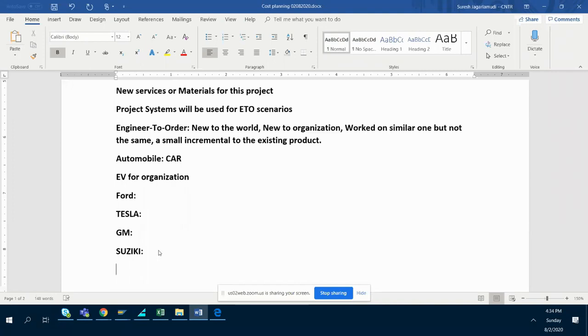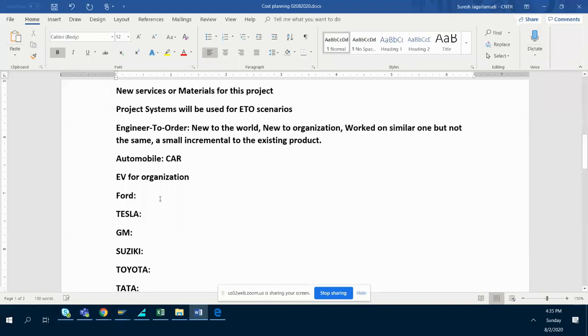Toyota. Toyota is there. BMW. Tata. Okay, let's go. These many examples are enough.